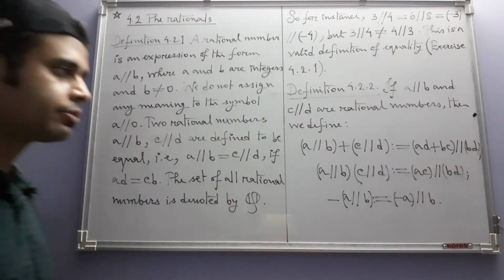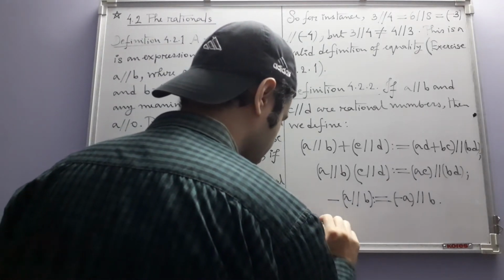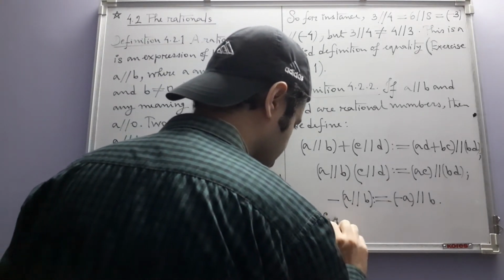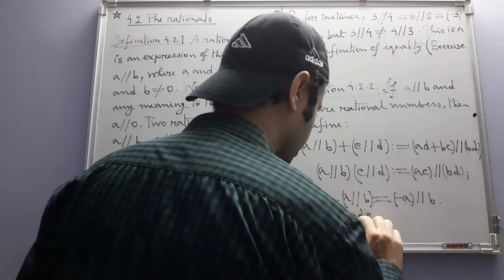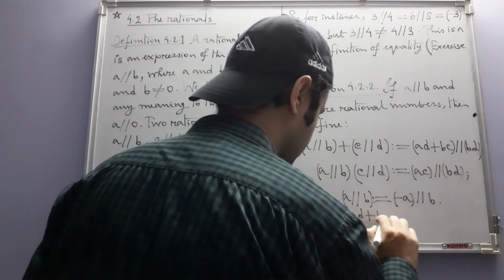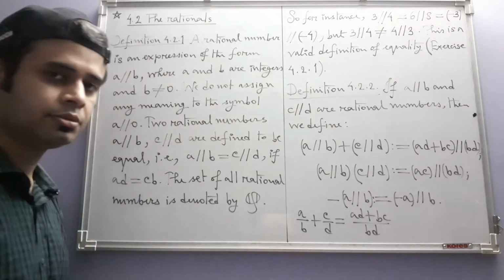You can understand where these definitions are coming from. A by B plus C by D, without saying anything more about this expression, we already know from our experience with rational numbers that it is equal to this.